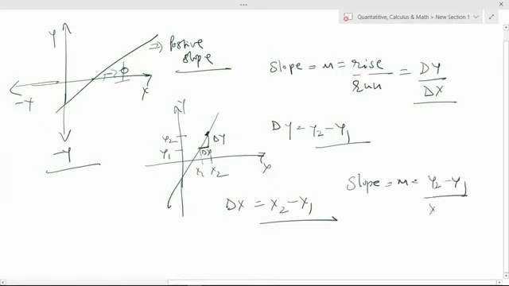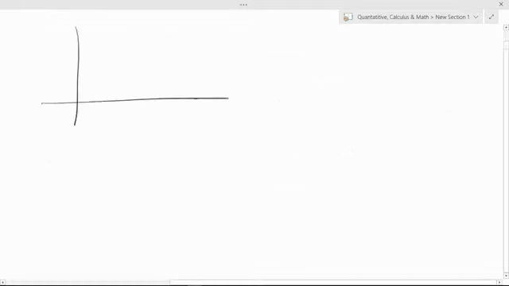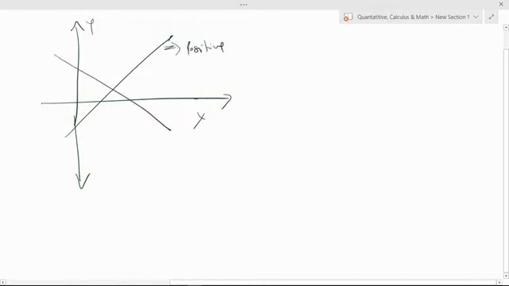Now, in x and y, we saw this is a positive slope, which is upward sloping, and this is a negative slope. So this is what is known as a positive slope, and this is known as a negative slope.